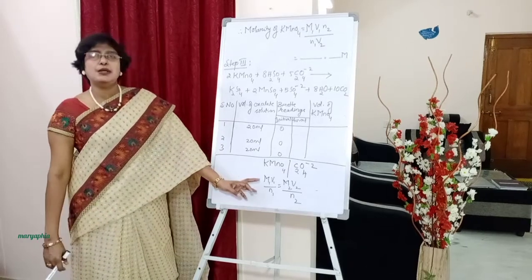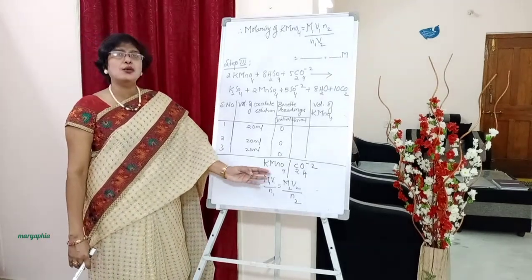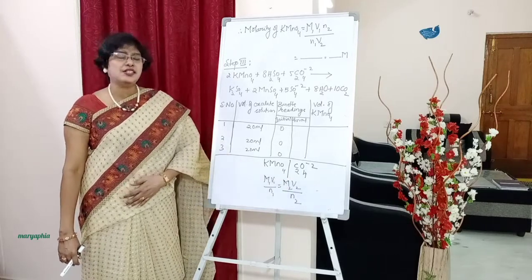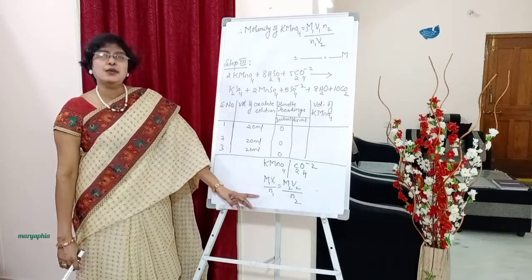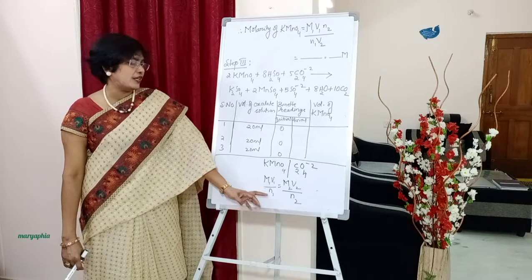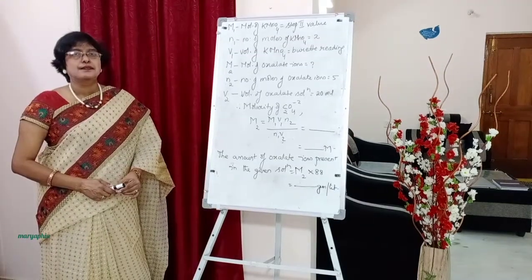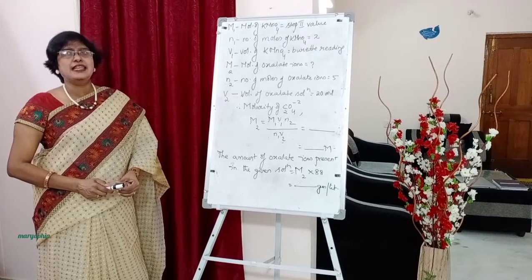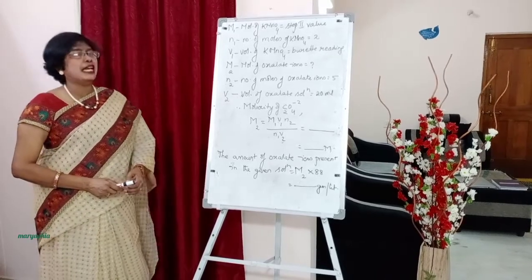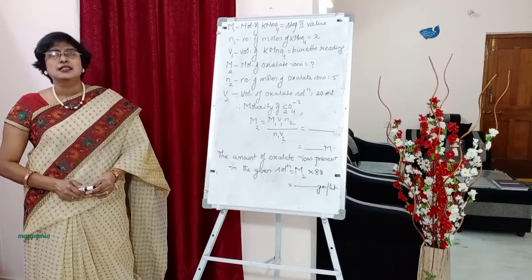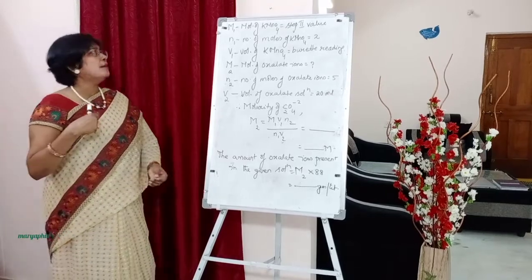Okay, next, below the table, KMnO4 versus oxalate ion solution. Below, the formula M1V1 by N1 equals M2V2 by N2. Below, M1 is the molarity of KMnO4.